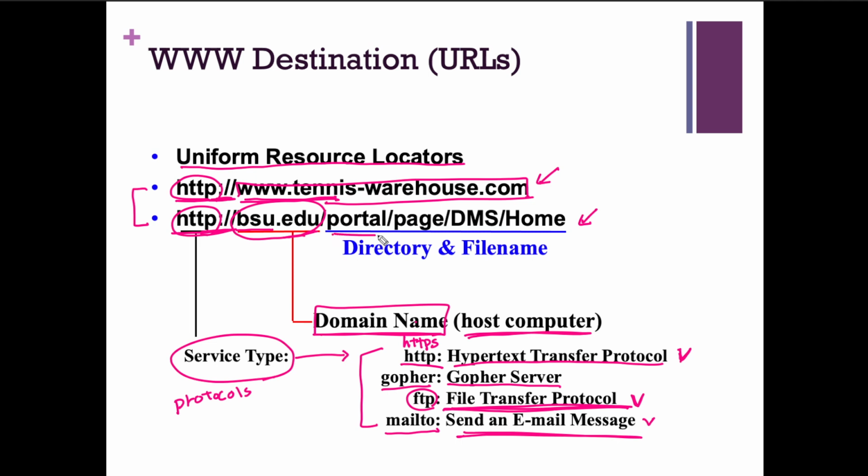But what are all these things attached after the slash? These are all the names of folders, I would say, or directories on that computer server. So if you're looking at this example here, whenever you type in bsu.edu/portal and so on to home, what's going to happen is, because of this part, bsu.edu, you're requesting the Ball State server.